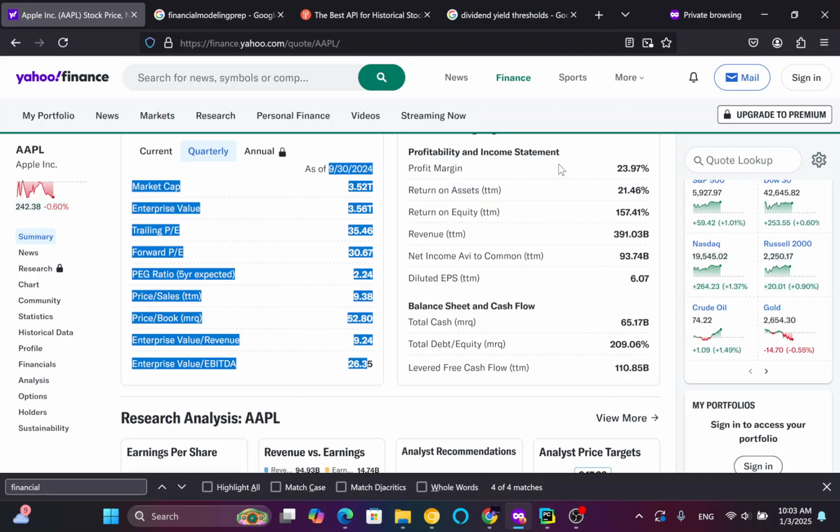Also, there is a metric called intrinsic value, which assesses whether a stock is overvalued or undervalued. That would be the topic of another discussion, which will be covered in one of the upcoming videos.